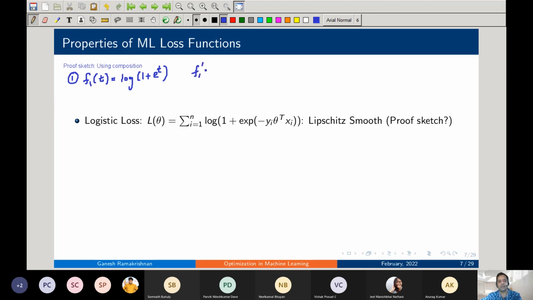And what would I do? I look at f1'(t), which is e^t divided by 1 + e^t. And f1''(t), because you're looking at Lipschitz smoothness, you may want to just see if the double derivative, the Hessian, is upper bounded.